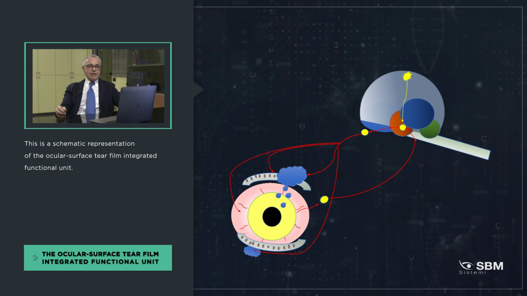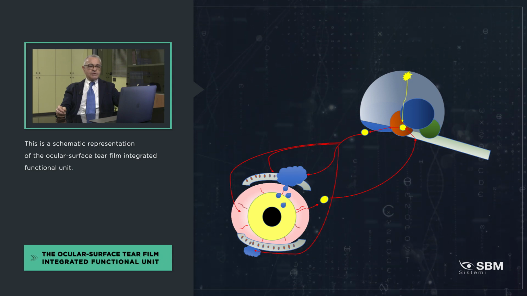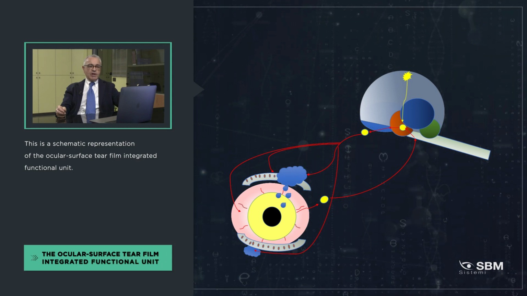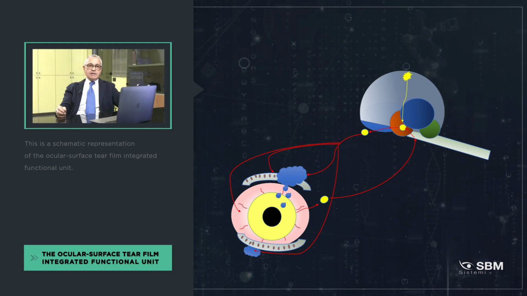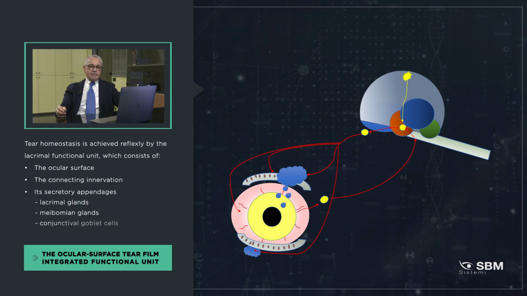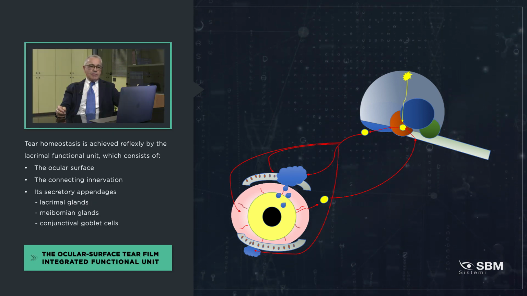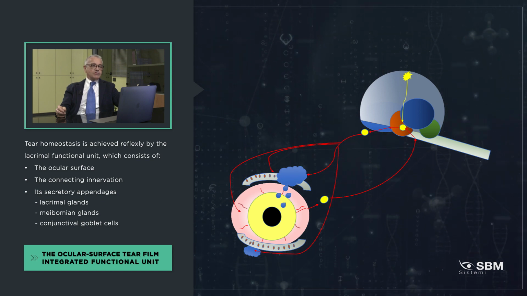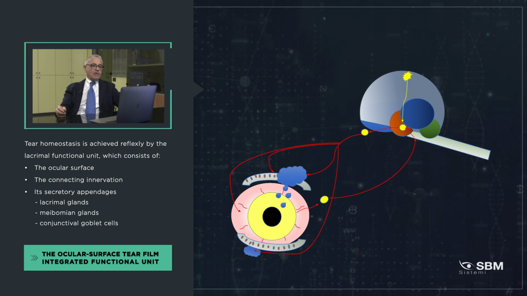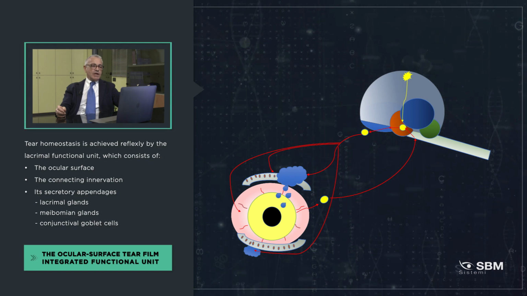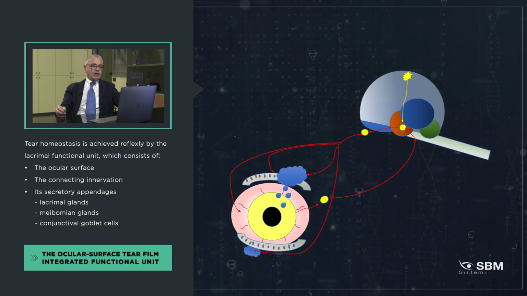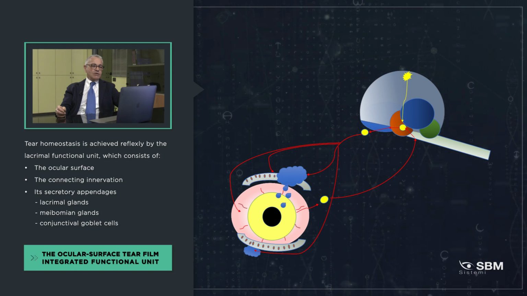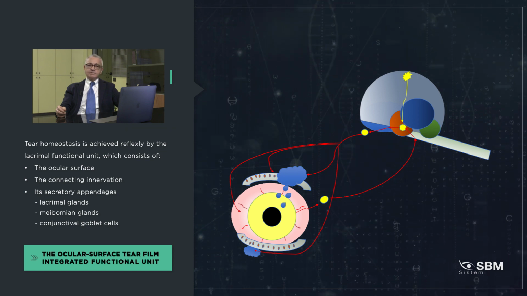This is a schematic representation of the ocular surface tear film integrated functional unit. Tear homeostasis is achieved reflexly by the lacrimal functional unit, which consists of the ocular surface, the connecting innervation, the secretory appendages, the lacrimal glands, meibomian glands, and conjunctiva goblet cells.